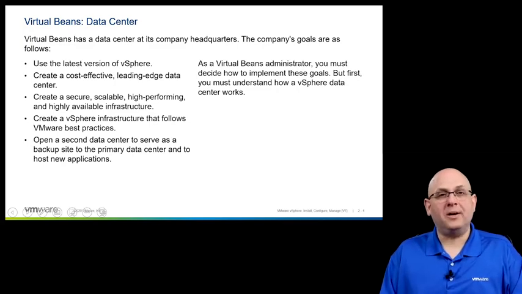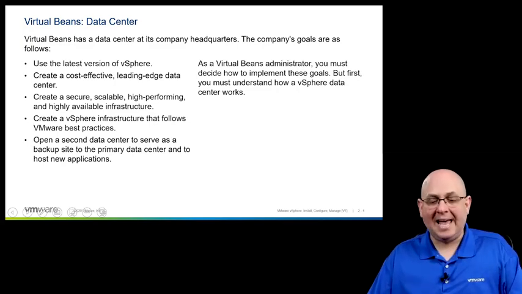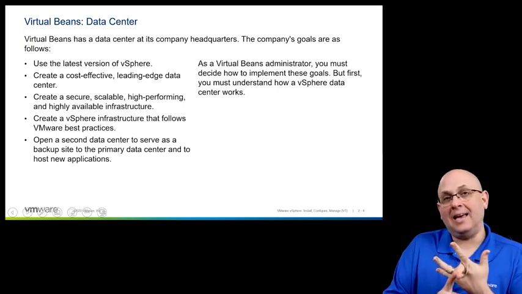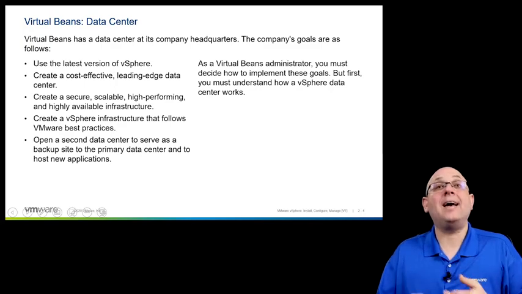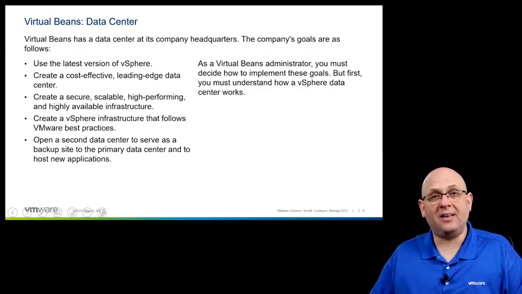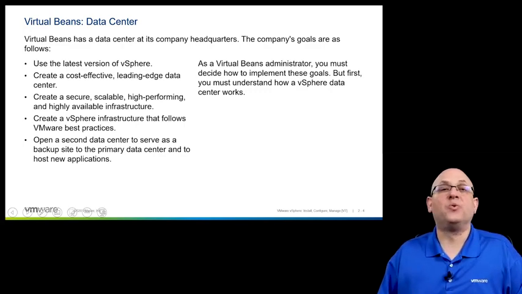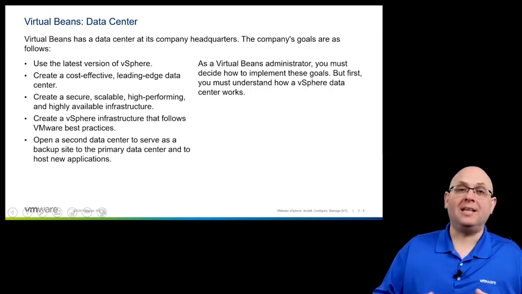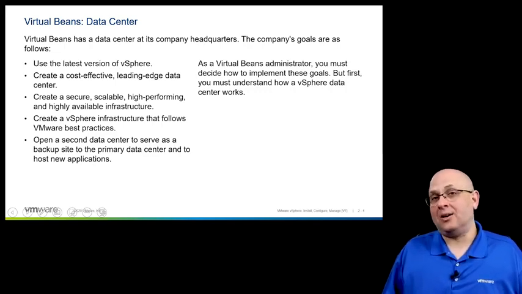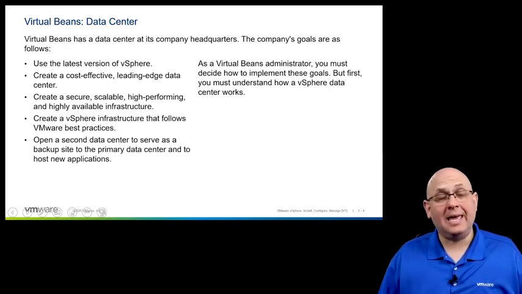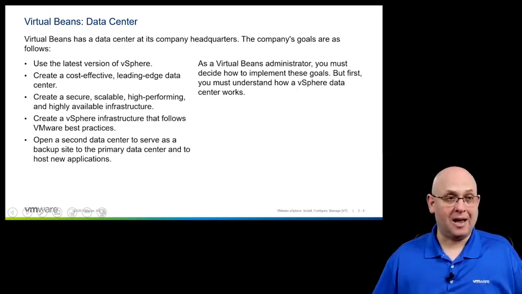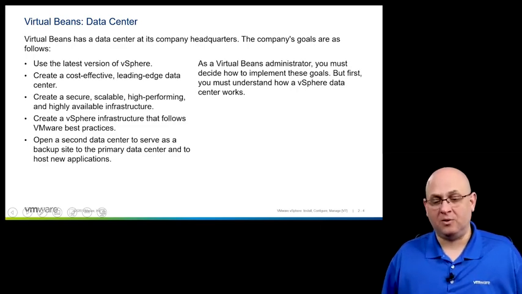We want to build a cost-effective, leading-edge data center that is secure, scalable, high-performing, and highly available, so that we are eliminating things like single points of failure, so that we have the ability to respond automatically to physical hardware failures in the environment, so that we can either eliminate completely or at the very least minimize unplanned downtime that would occur in response to physical failures.